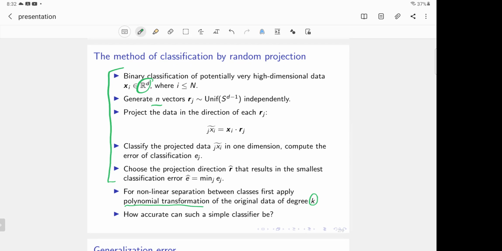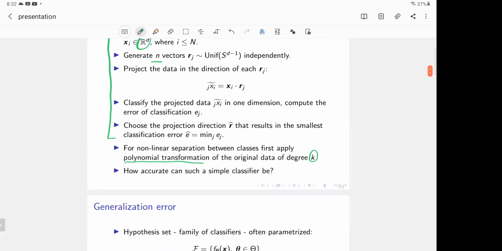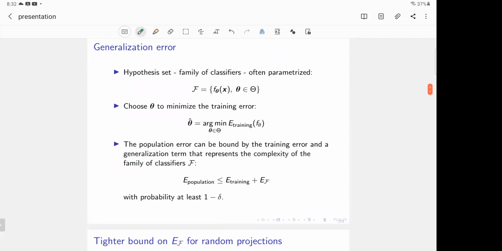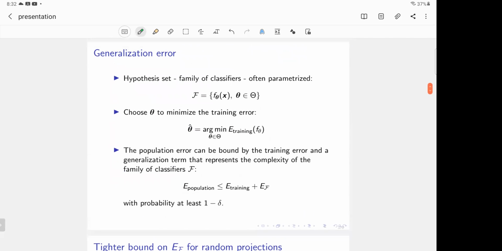And in order to answer this question, we need to somehow establish some mathematical language for what happens when we do the classification. So when we choose the classifier, we choose from a family of functions, a hypothesis set, which is often parameterized.